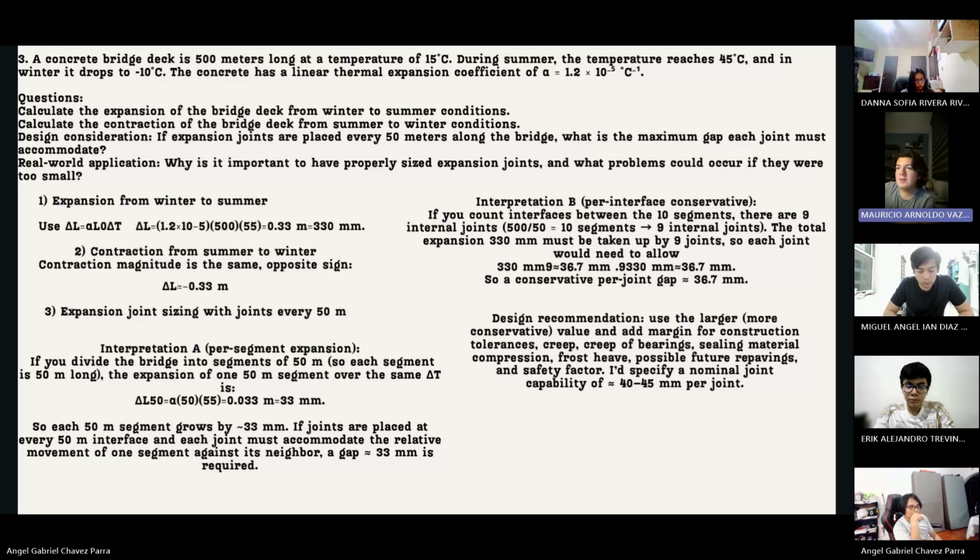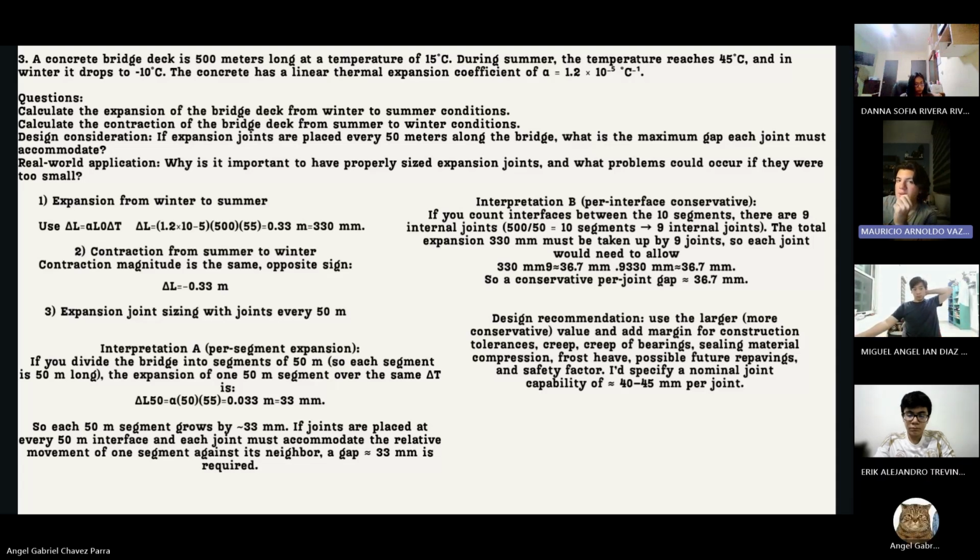Taking into consideration these conditions, if expansion joints are placed every 50 meters along the bridge, what is the maximum gap each joint must accommodate?